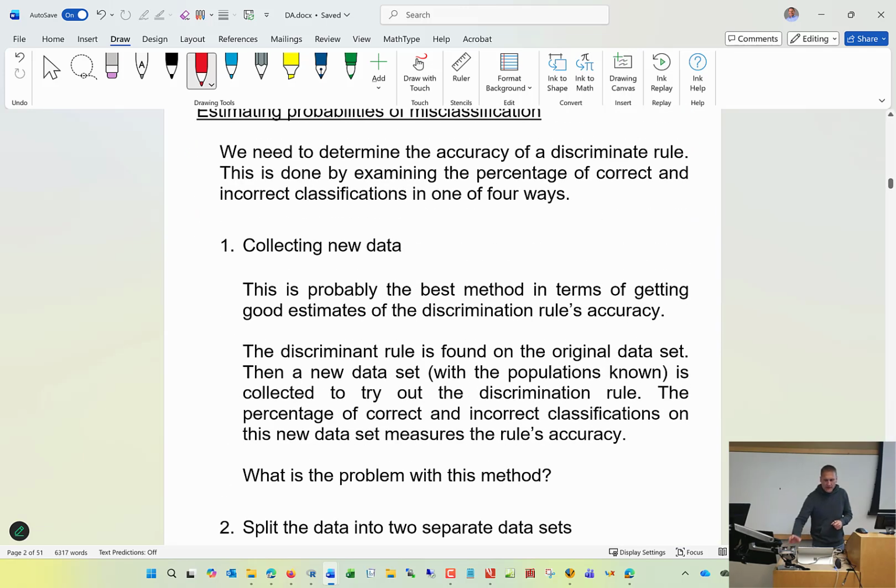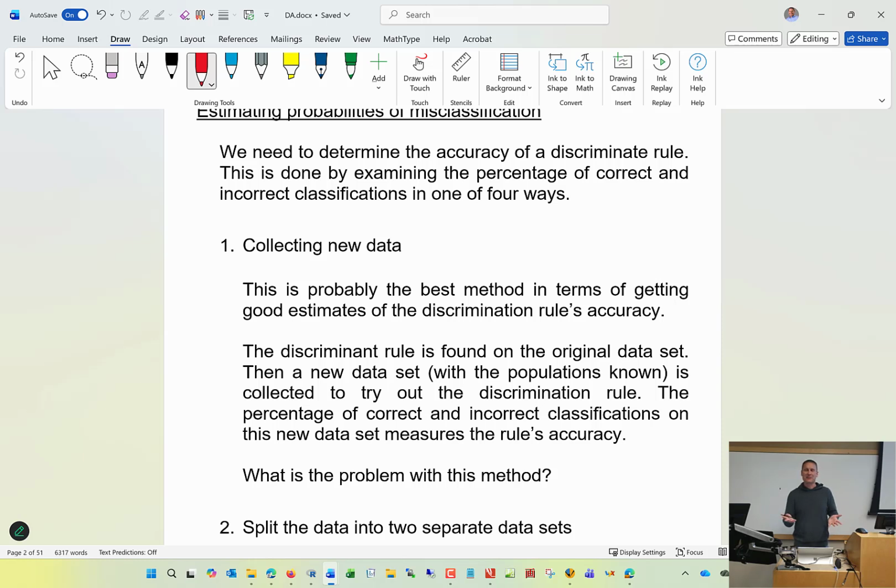Now, something that's going to be very, very important to us is to measure how good is this mathematical or statistical rule at predicting. Ideally, we would like to have a 100% success rate for predicting population 1, 100% success rate for predicting population 2. Guess what?